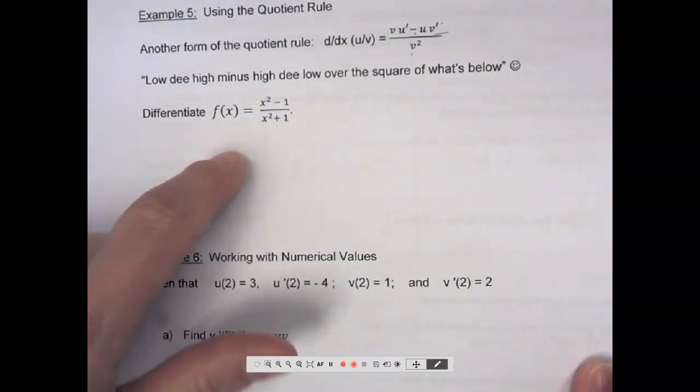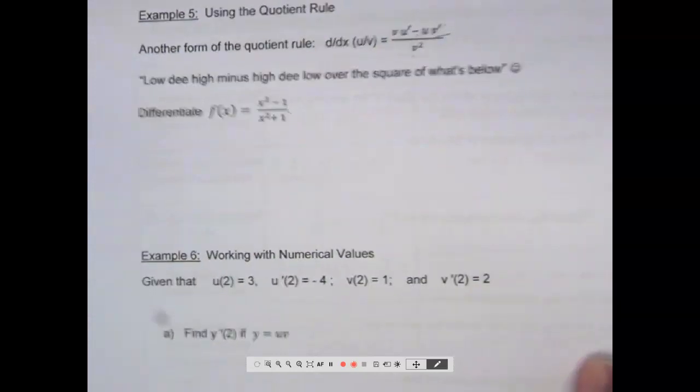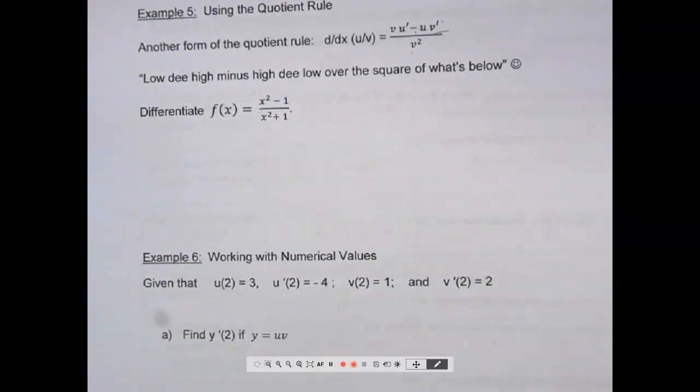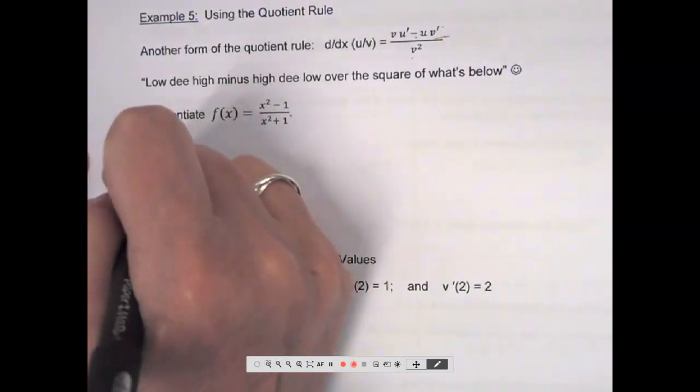Okay, so here's a situation where I can't simplify, so I have to use the quotient rule. Do you know the rhyme? No, but... Low D high minus high D low over the square of what's below. Okay, so here we go.